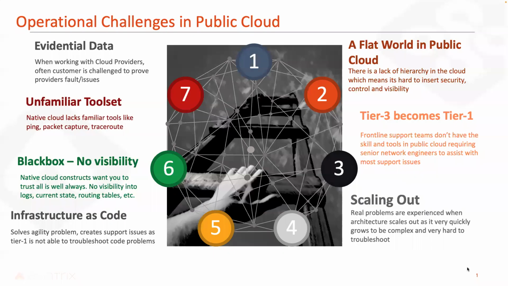So some of the operational challenges in the public cloud is it's obviously a harder problem to solve because number one, you are operating on an overlay because you do not actually own the underlying network. You do not know who is the neighboring VM. You do not know if there is a problem in the underlying network.